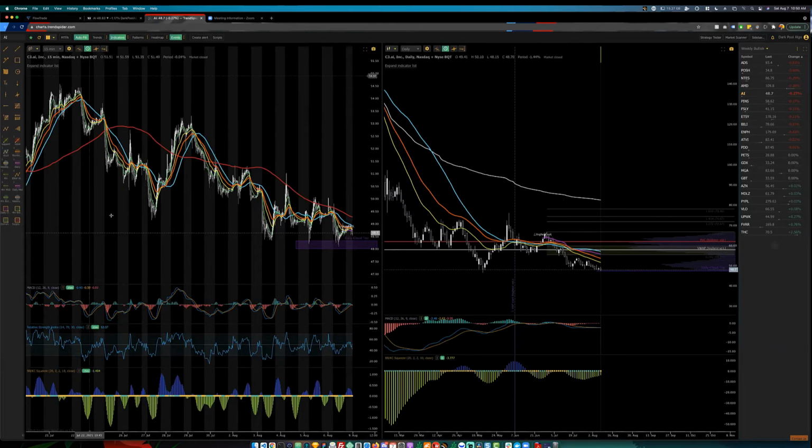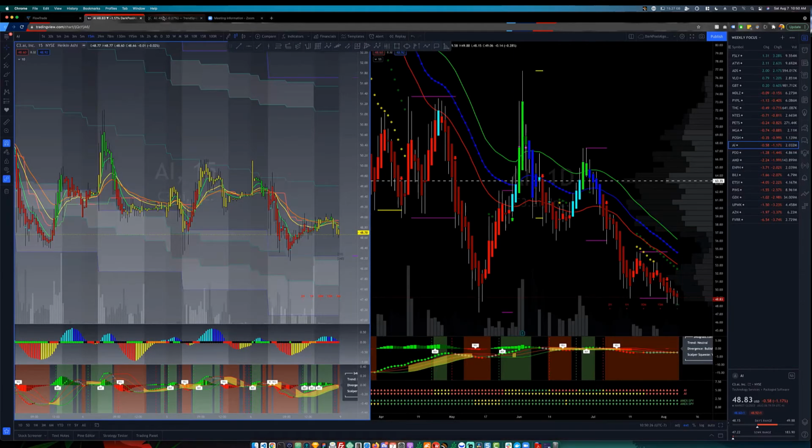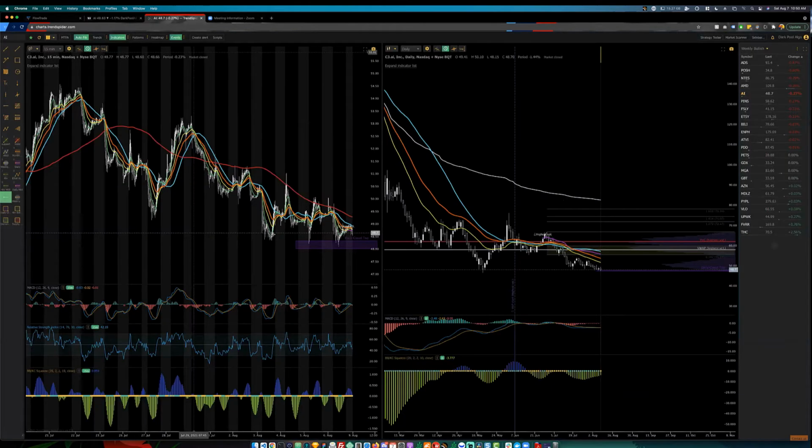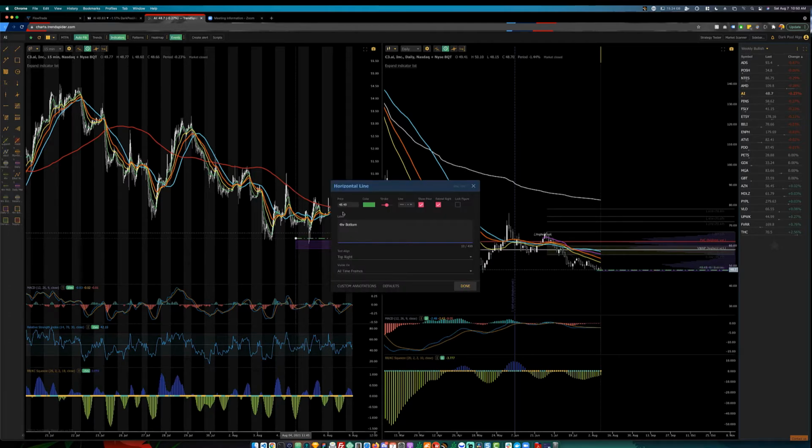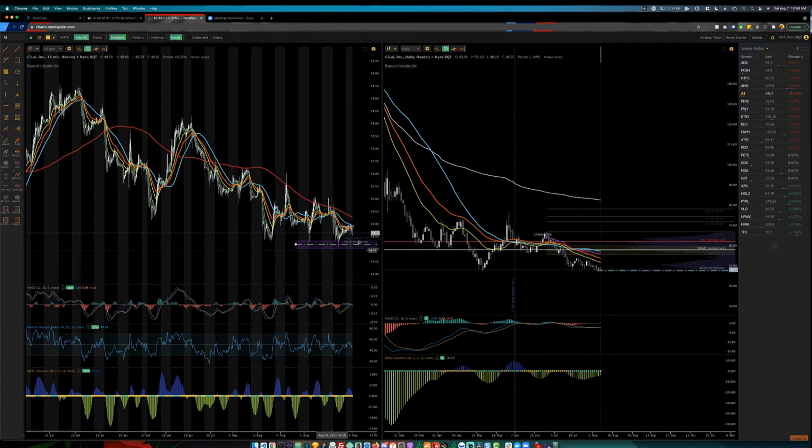Where's the 4-hour bottom? So the 4-hour daily bottom is at 48.25, pretty much the support level here. We'll just call it that. So there's our support.